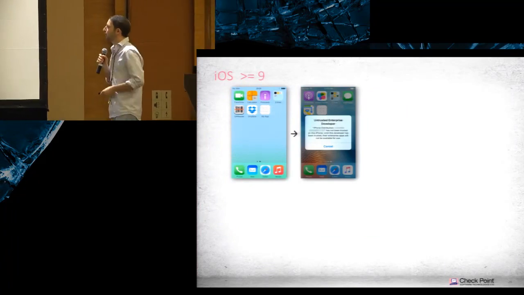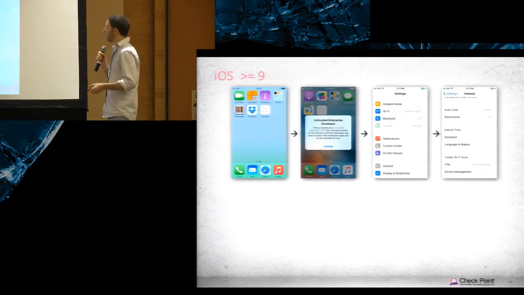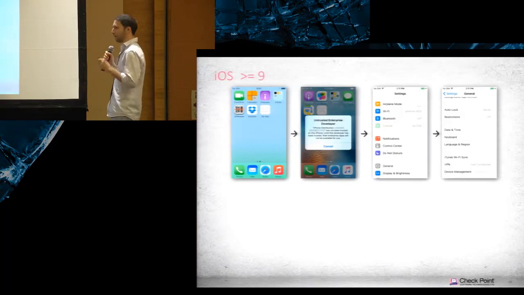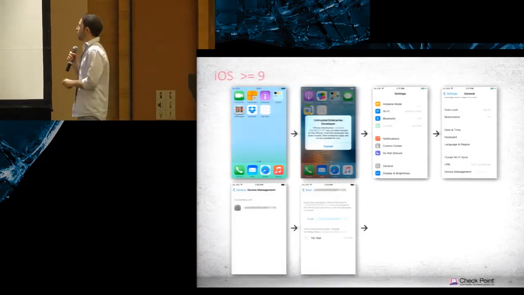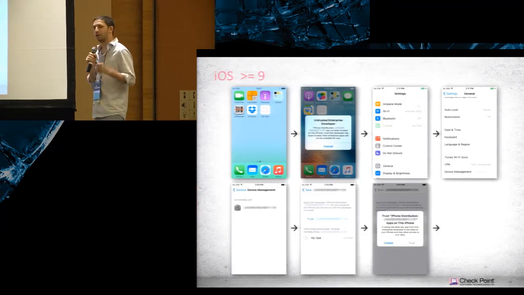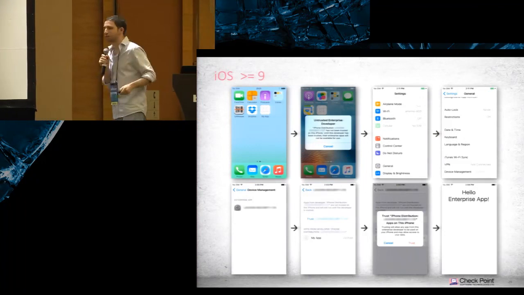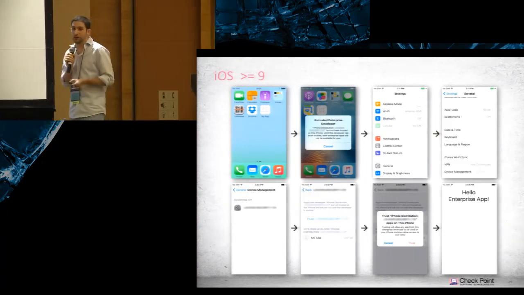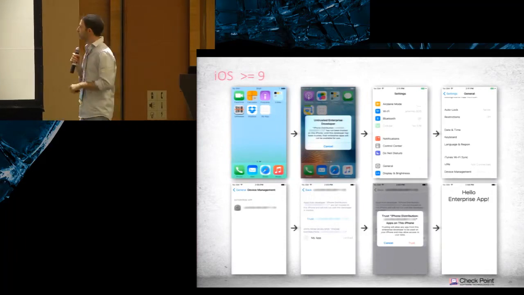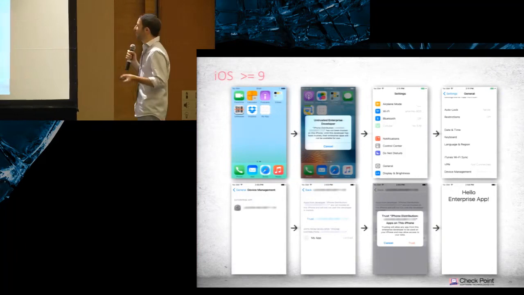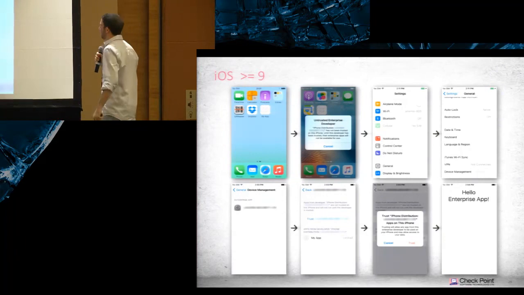It shows you a dialog box that sends you through a maze of configuration settings. It doesn't really tell you how to do it. You have to guess and go through a maze of settings, and only after that can you execute the enterprise app. This makes sense because most users won't know how to do it, so malicious apps cannot be executed on the device.